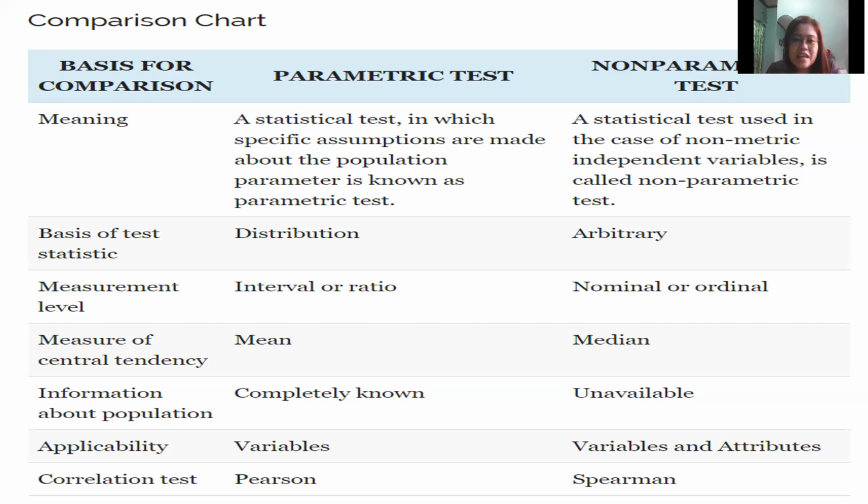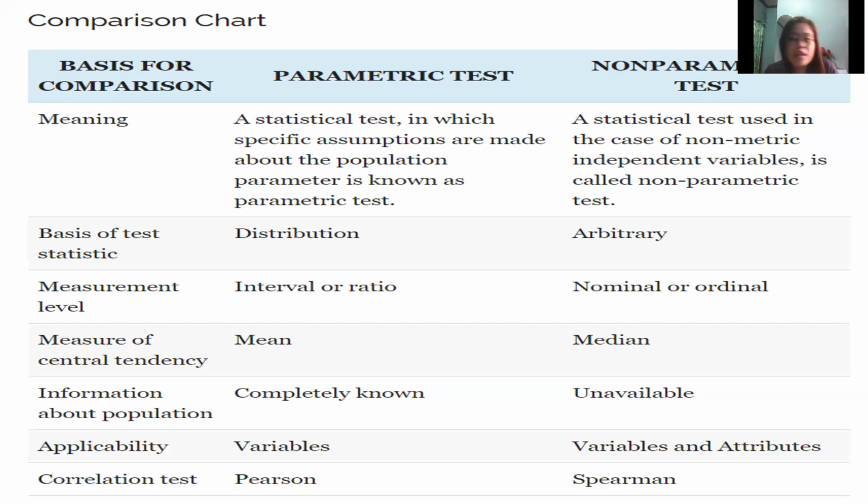Sa non-parametric test, there is an availability of information about your population. And for applicability, parametric test, yung mga variables natin, yun yung mga applicable na pwedeng i-test using the parametric test. But sa non-parametric test, even the attributes can be tested.